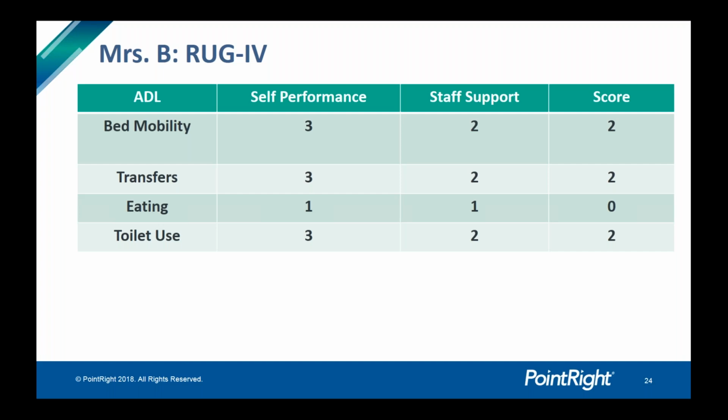So that would give a score of 2 for bed mobility and transfers. Eating, she needs supervision, setup, a lot of cueing, but she is able to feed herself. So it's a score of 0 for eating, just supervision. And then the toilet use, again, similar to transfers, she's a 3 and a 2, self-performance weight-bearing assistance with 1 person. So that gives her an ADL score of 6, and that would make her an RVB if you combine it with the 500 minutes of therapy.